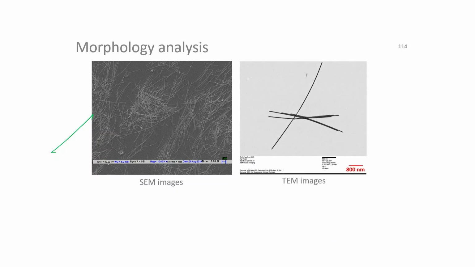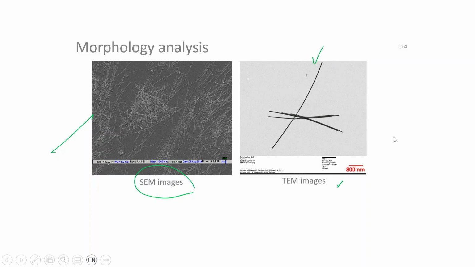Now, we can see the scanning electron microscope image says that the nanorod is there, and in the TEM image you can see that this is the nanorod.